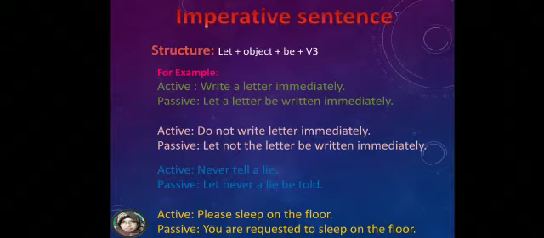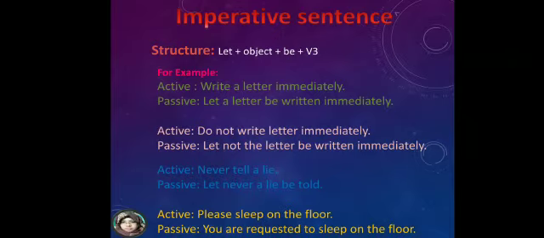When the active voice starts with the main verb, the passive voice will start with let. Here you can see that the first word is let, then the object is a letter, then be, then V3 form of write, that is written, then extension which is immediately.